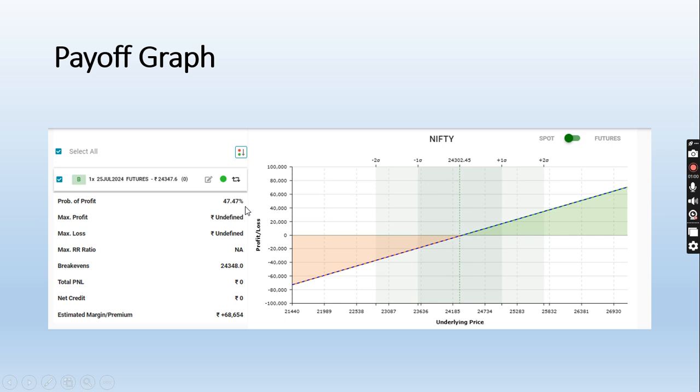It is just below 50% because of this premium value, which we have to overcome from our spot price. The maximum profit is undefined because however much the market moves, you will make that much profit. On the downside, the maximum loss will be the buy price, 24,302, which is the most it can go down.